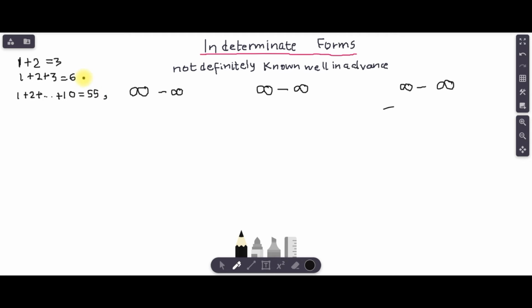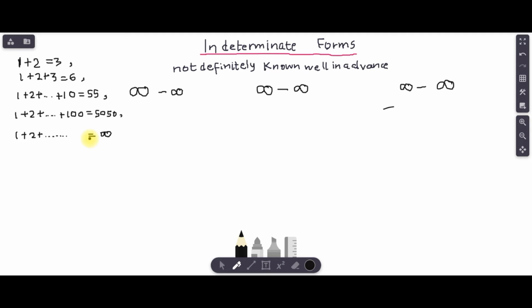The value keeps increasing, and if I add 1 plus 2 till 100, the value comes to be 5050. If I add 1 plus 2 plus 3 dot dot dot till infinity, the value becomes divergent. We should not write equals to, but the value is infinite.